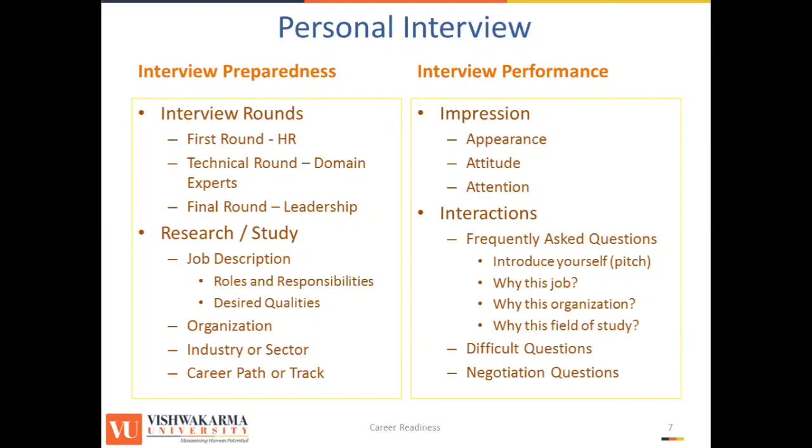Next is research and study. Job description: understand what roles and responsibilities are there. There is no need to presume that I know what programmers do or testing people do and I can just do it. Specifically look for desired qualities mentioned in the job description.